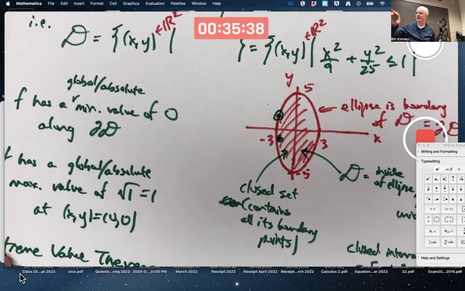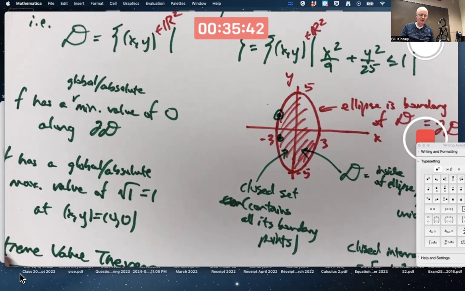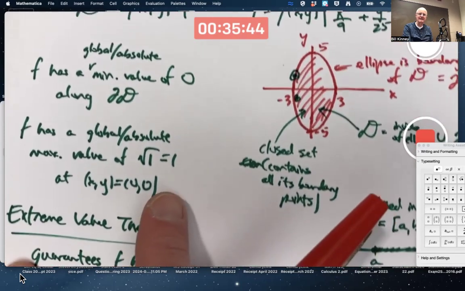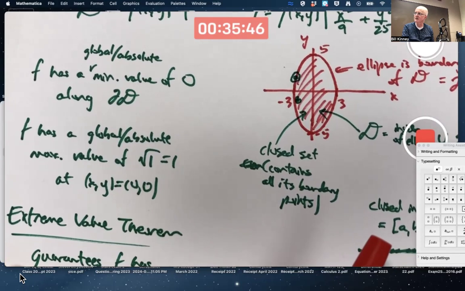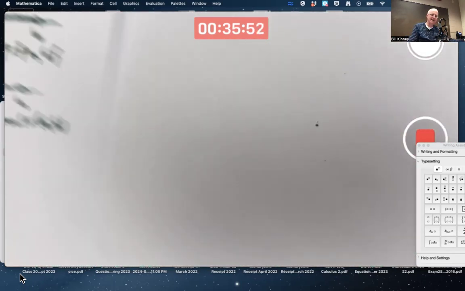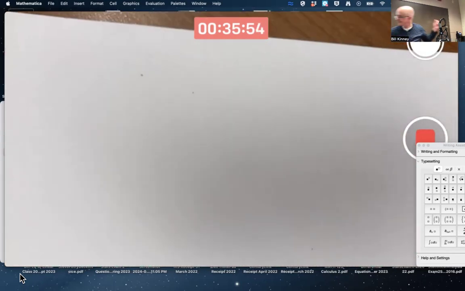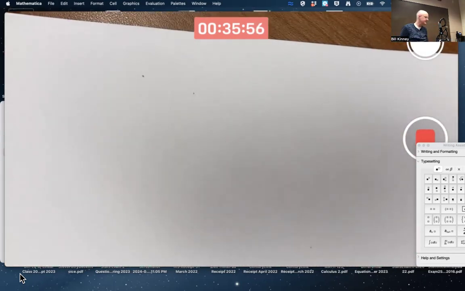I use global and local. So these things that are global maxes and mins are also local. But the main thing we want to do is think about using derivatives to find maxes and mins.